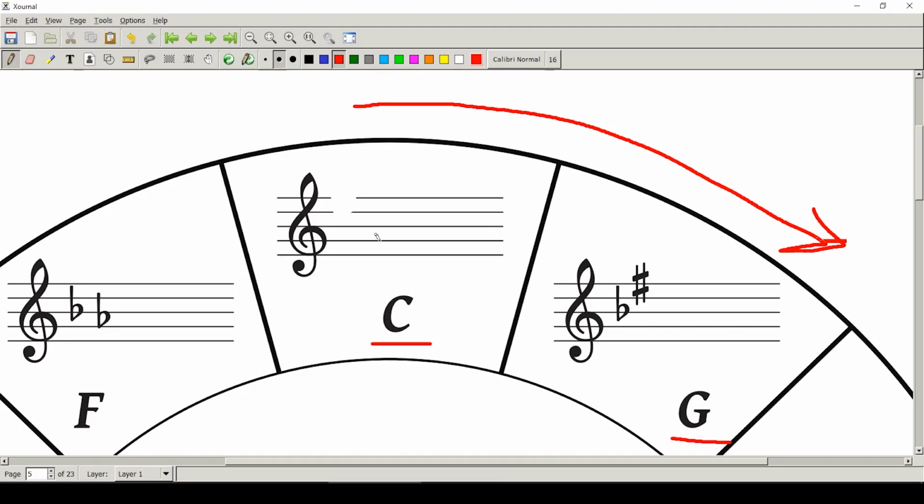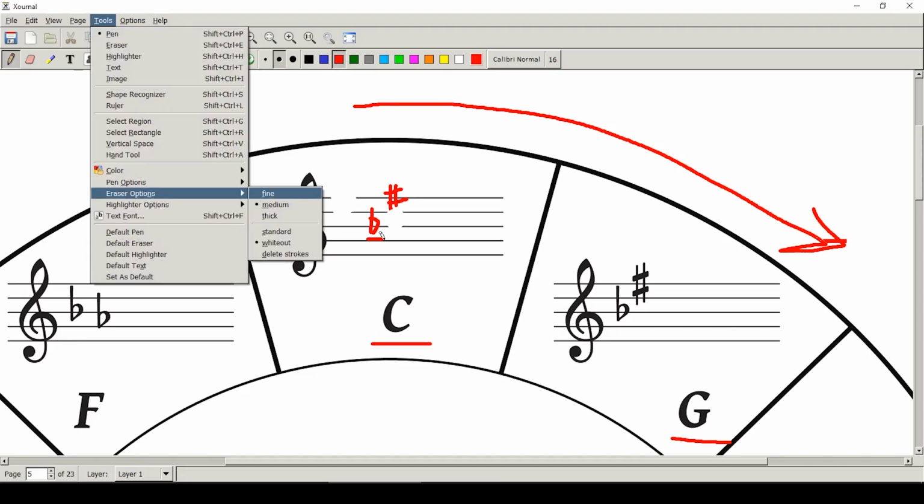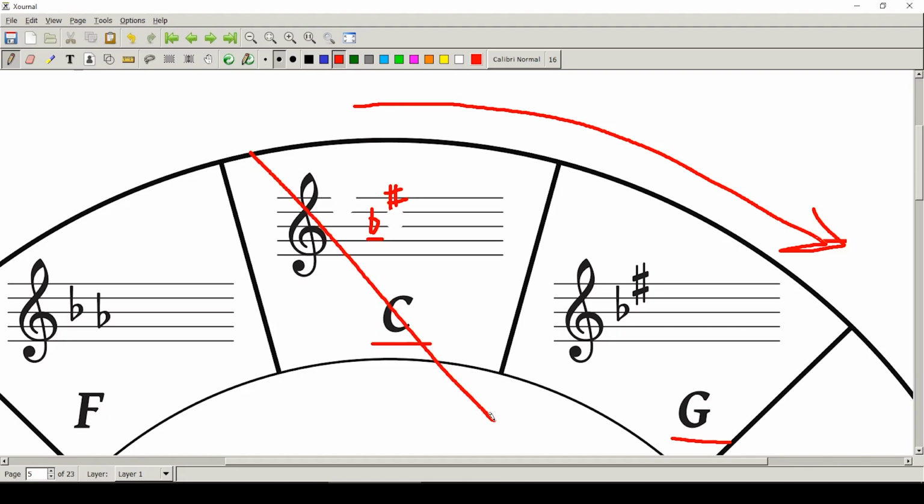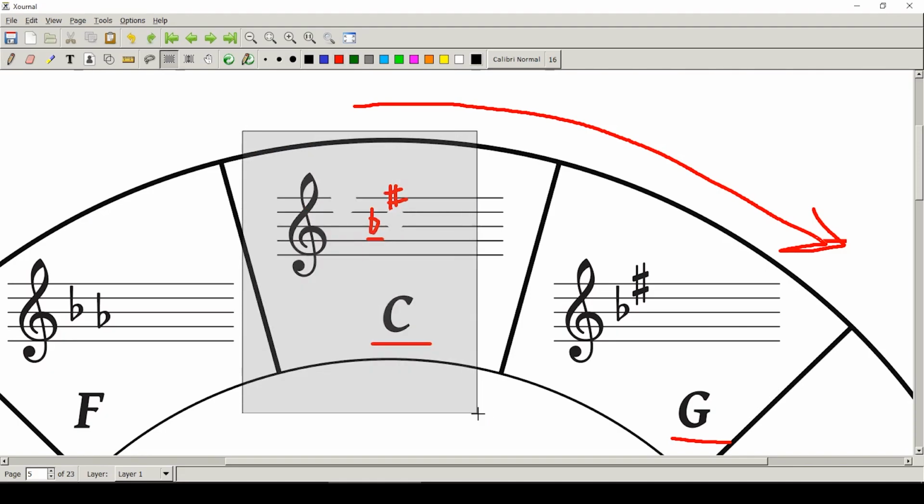C melodic minor has B natural, but G has B flat, so I have to lower that. C has F natural, but G has F sharp, so I have to raise this. So the connection between these two scales involves motion both down and up. You never find anything like that with diatonic scales. Kind of neat, right?